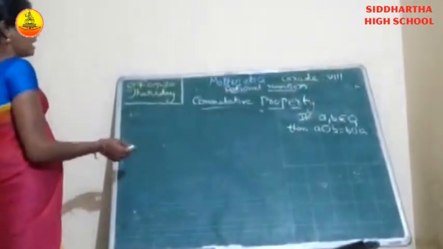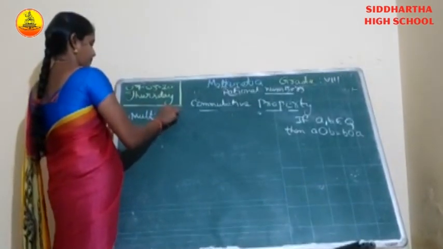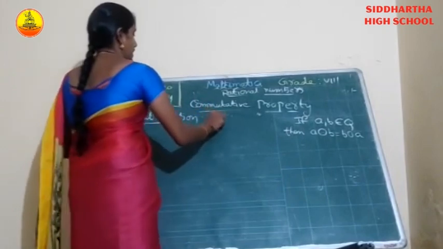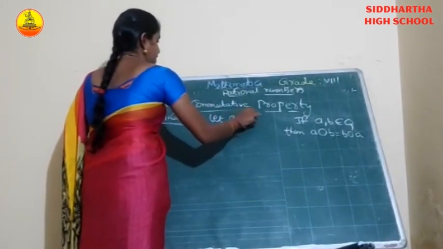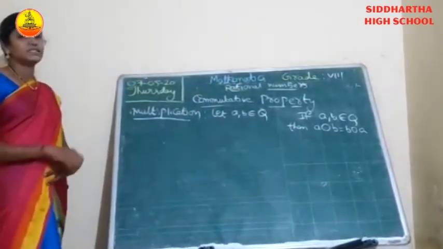Now, under multiplication you will see. Let A comma B belong to Q. That means A and B are any two rational numbers.